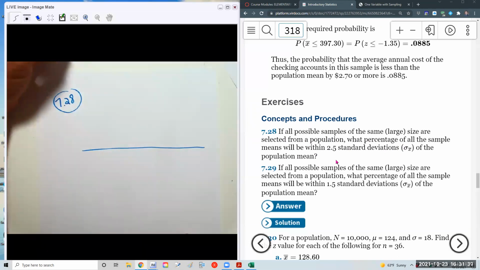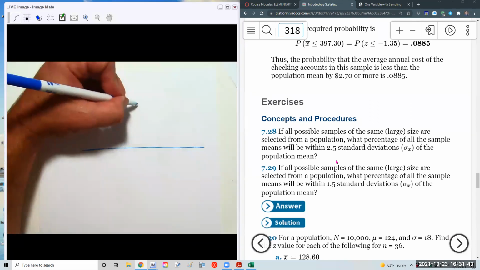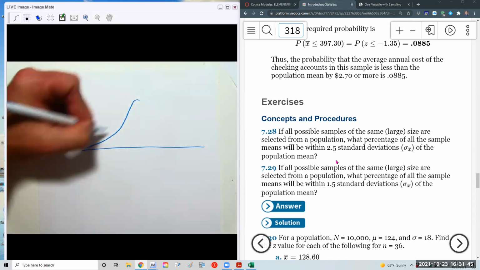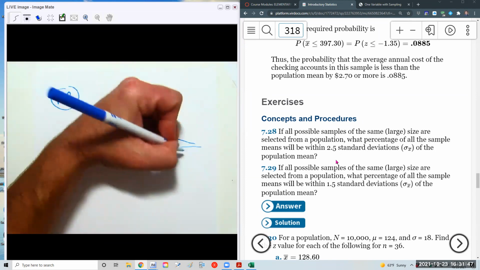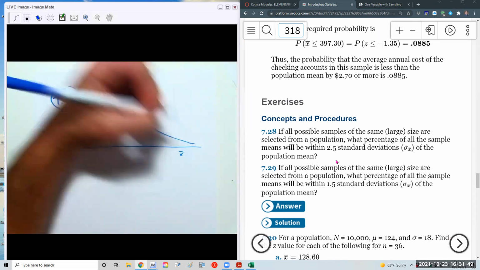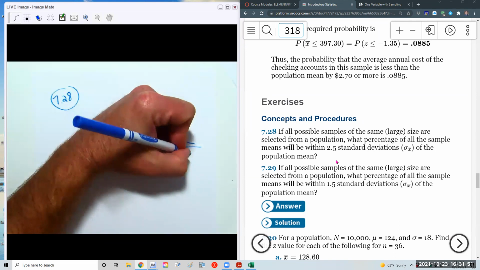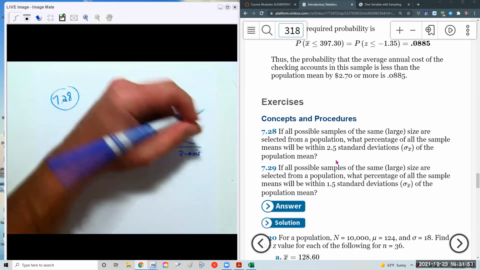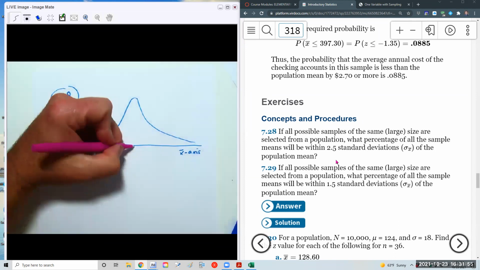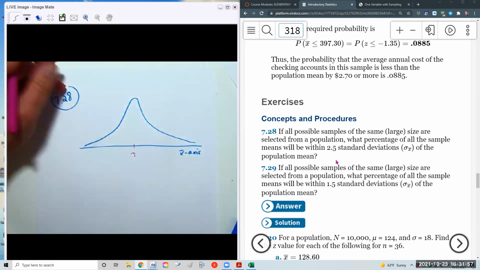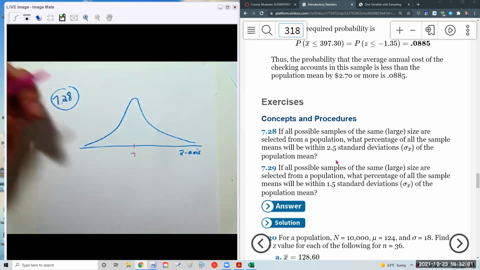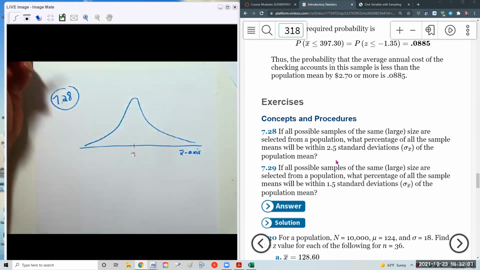We know that the sample size is large, so larger than 30. That means that the central limit theorem applies, and that means that the sampling distribution is approximately normal. Moreover, we know that it's centered at mu. And the question is asking us, okay, there's 2 boundaries.